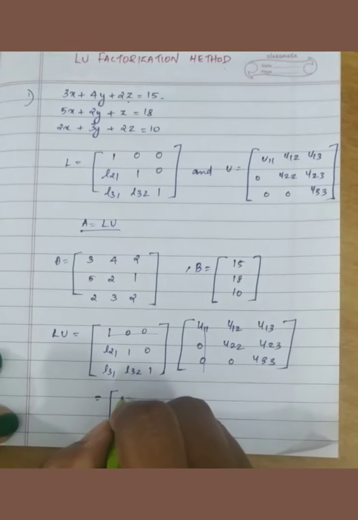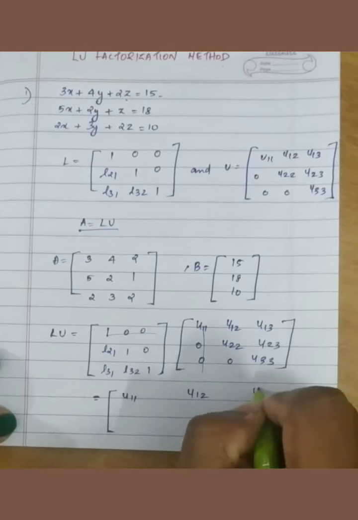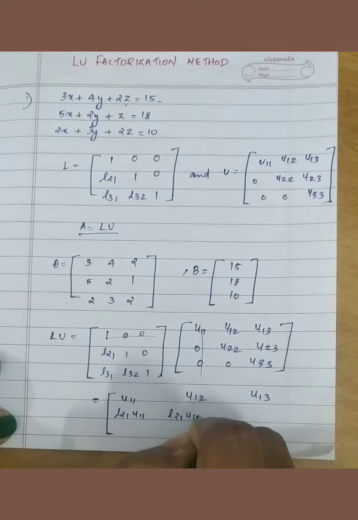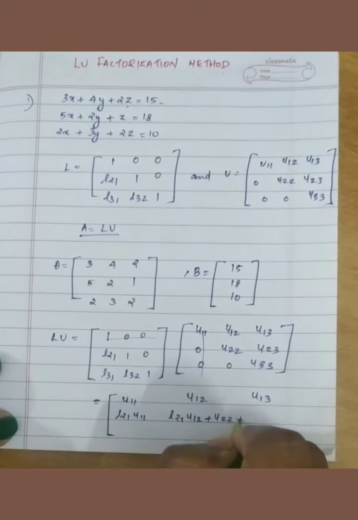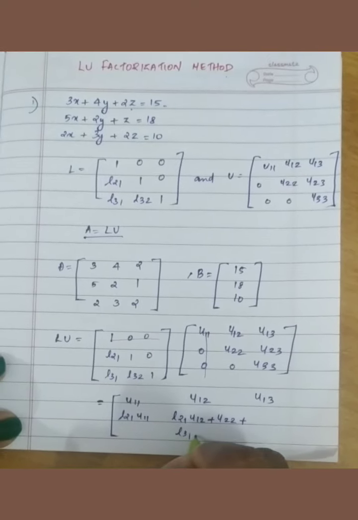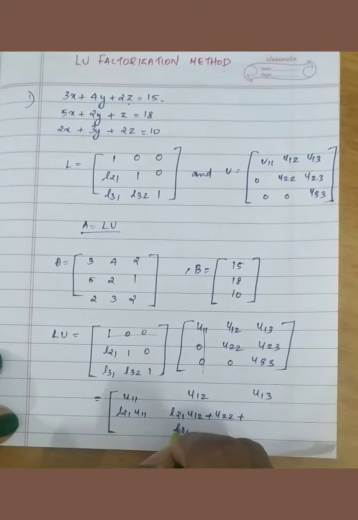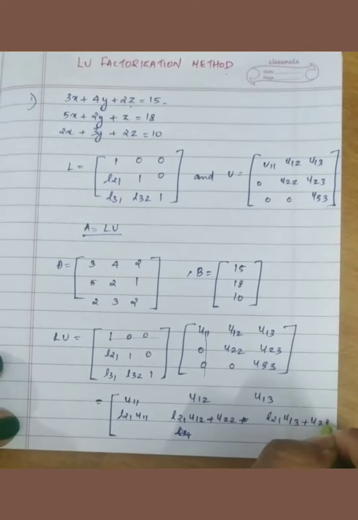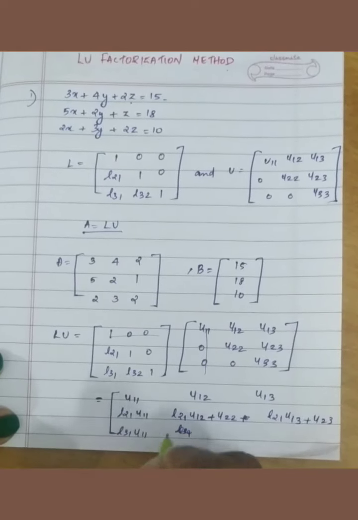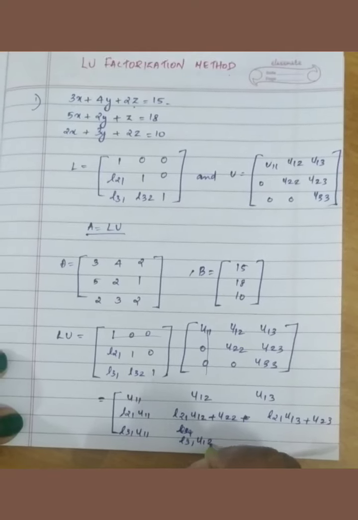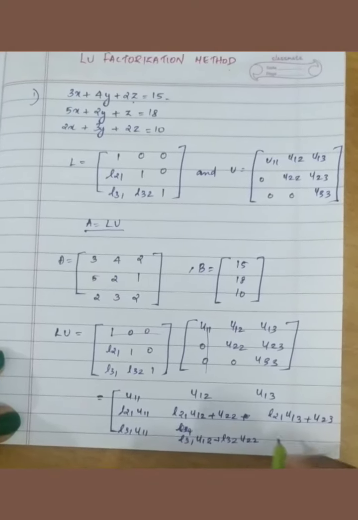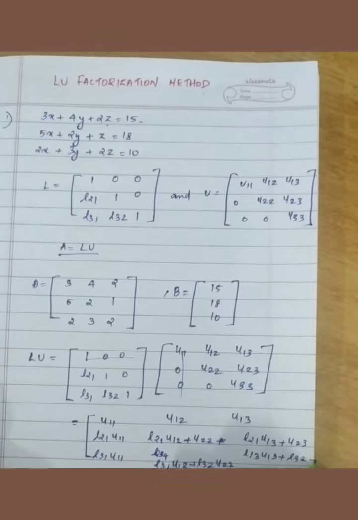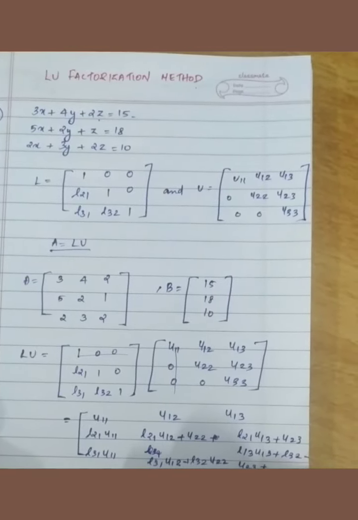We'll get U11, U12, U13, L21 U11, L21 U12 plus U22, L21 U13 plus U23, here L31 U11 and L31 U12 plus L32 U22, and here it will be L31 U13 plus L32 U23 plus U33.